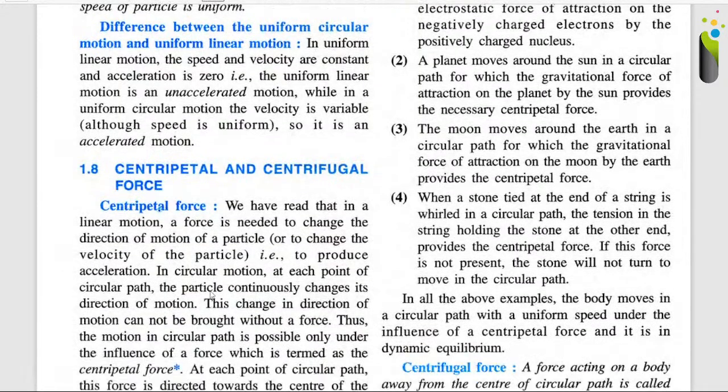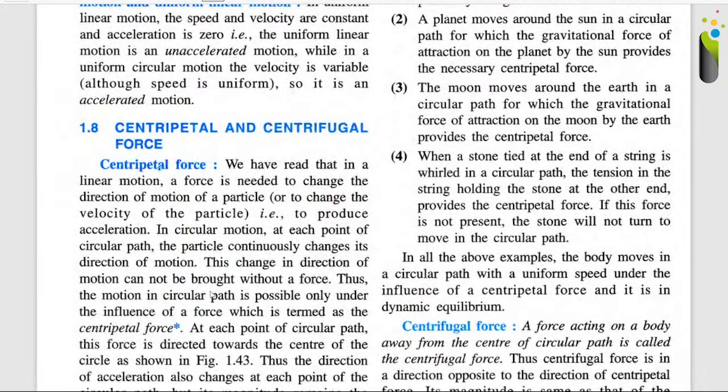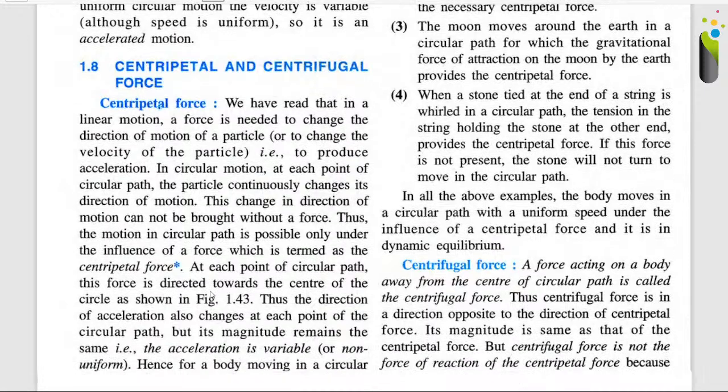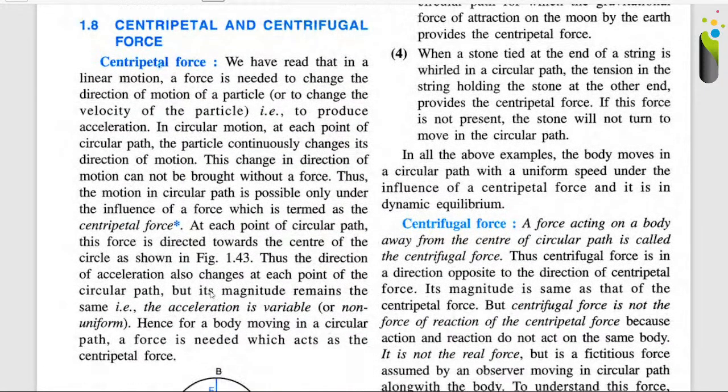Coming to the next, that is 1.8, we ought to talk about centripetal and centrifugal force. Centripetal force. We have read that in the linear motion, a force is needed to change the direction of motion of a particle or to change the velocity of the particle, that is, to produce acceleration.